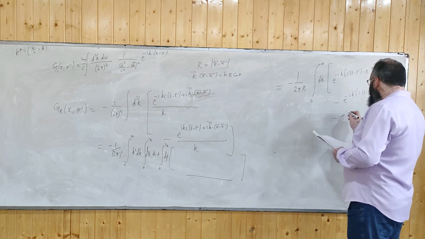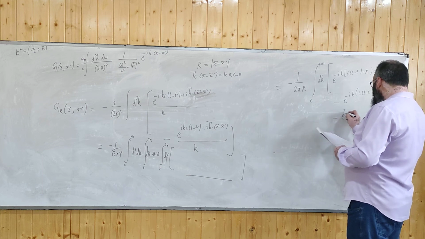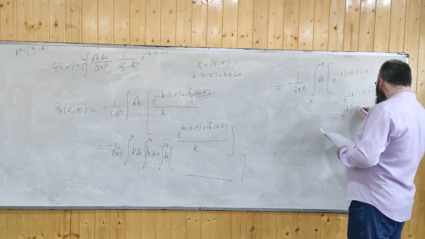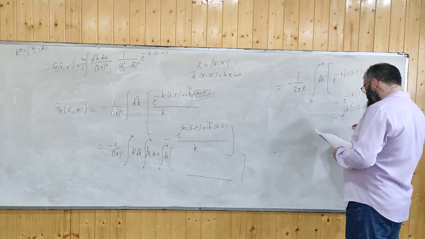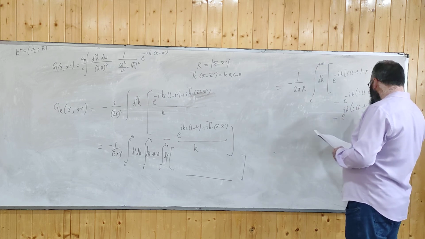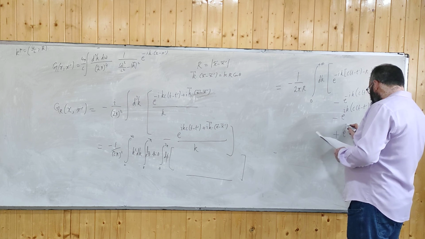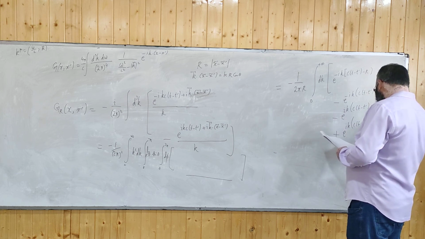This I will work out myself. Then you have a minus e raised to the power minus i k c (t minus t prime plus r). Then a minus e raised to the power i k c (t minus t prime minus r). Sorry, this is plus r. Then you have e raised to the power i k c (t minus t prime plus r).